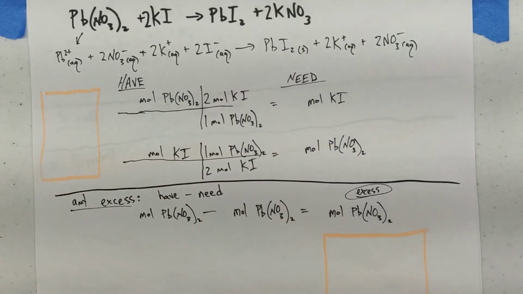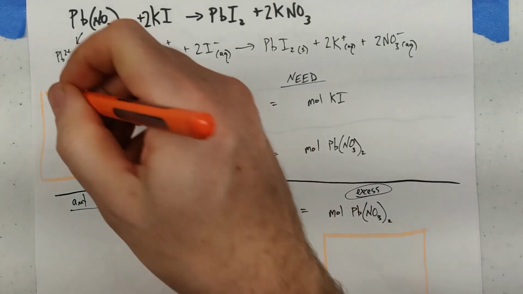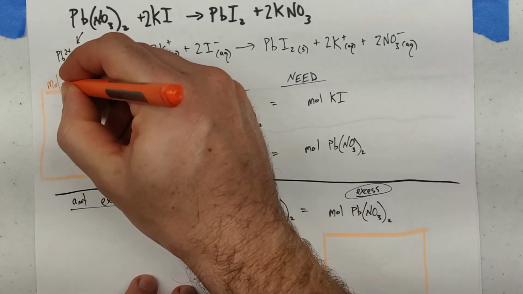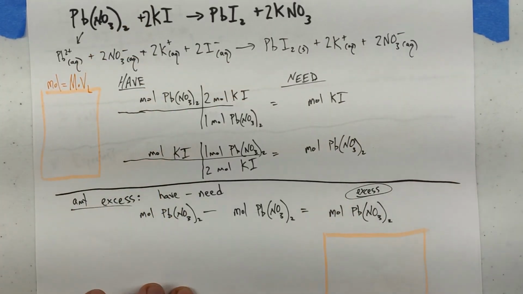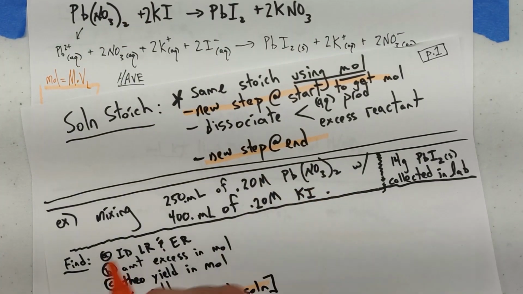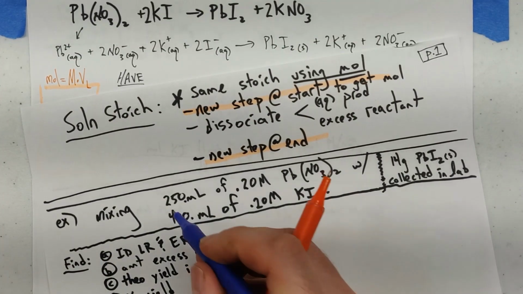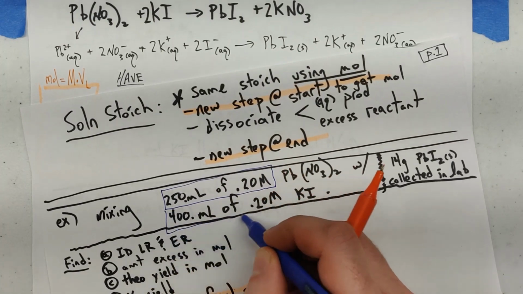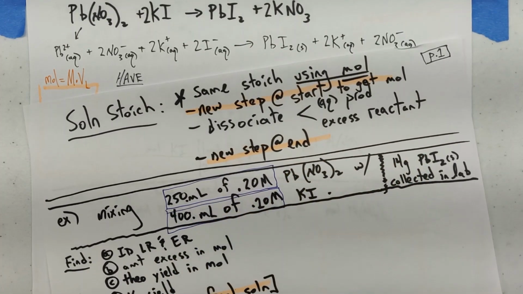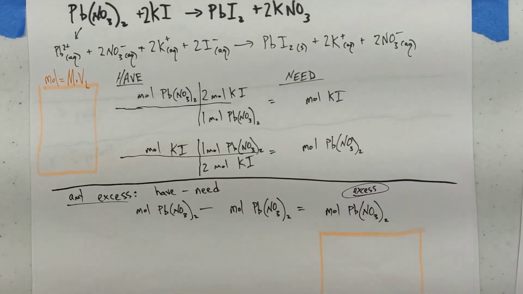So that is what I'm going to do right there. We know that moles is going to be our molarity times our volume in liters. My molarities are right here, and my volumes in liters are right there. Those are the numbers I'm going to carry over.